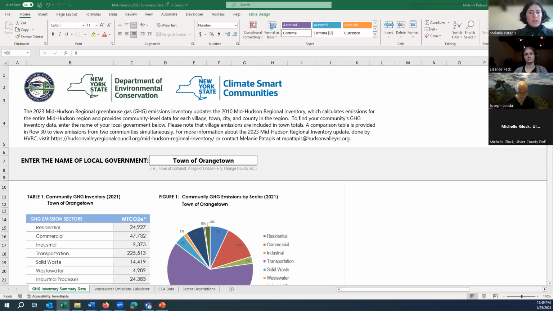And there's a state inventory tool for wastewater emissions calculator that we put the total population on the sewer system into to get the wastewater emissions.